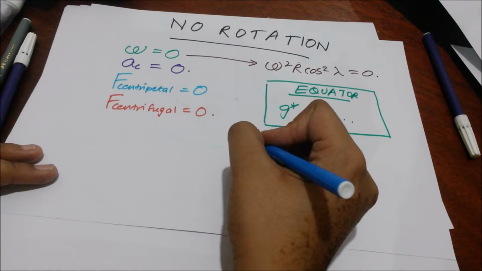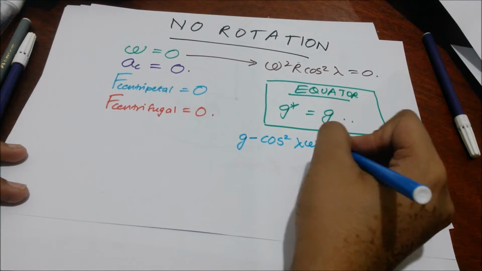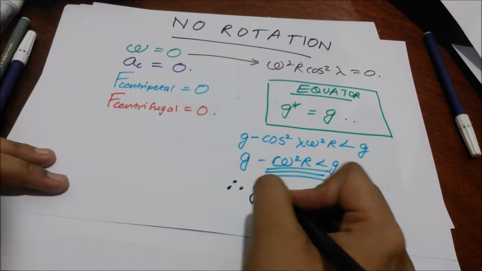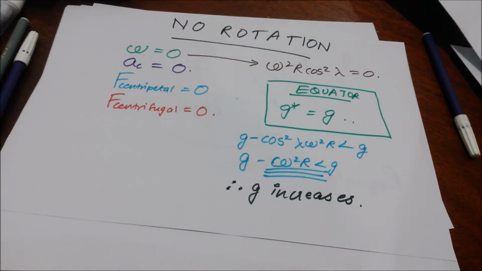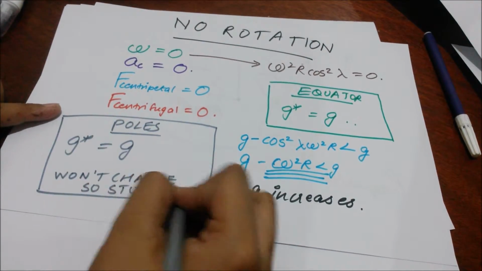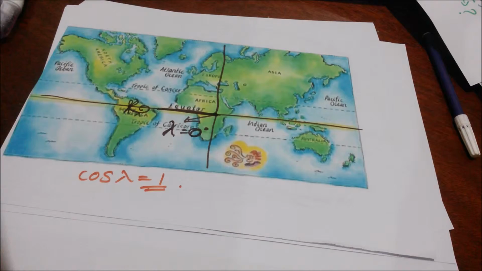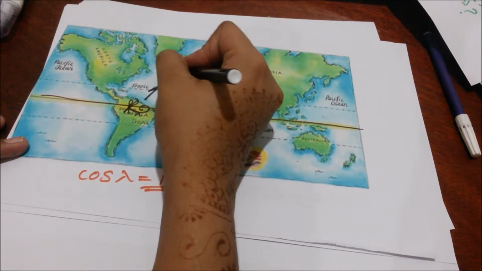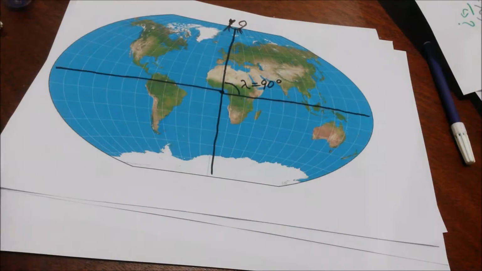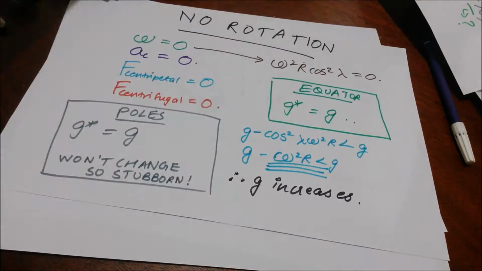Now since the term subtracting stuff away from g is 0, you'd see that g star would increase after the Earth stops rotating. At the poles, g star would still be g, no change there. Taking our example, if the Earth stopped rotating, Mickey's weight in Brazil would increase. But on the poles, it would stay the same.